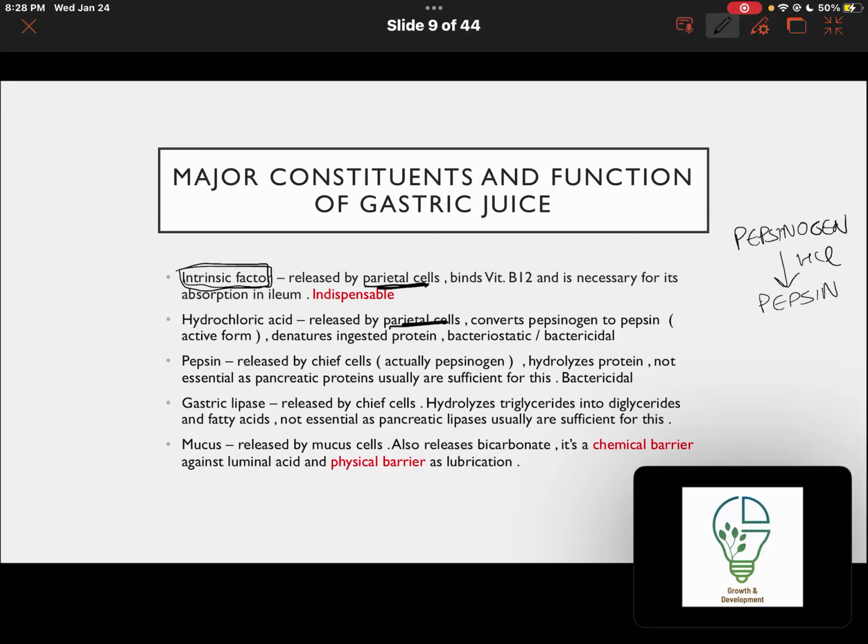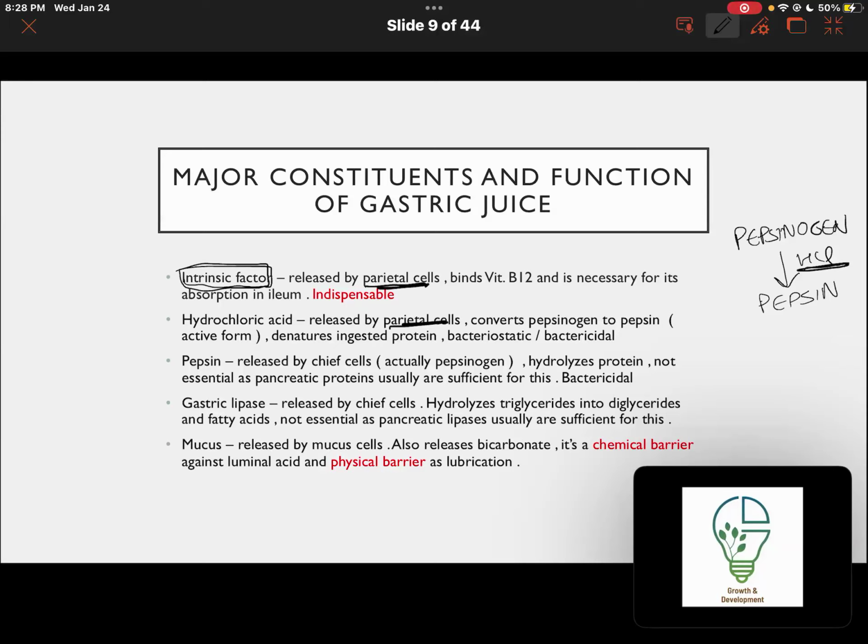When HCl acts on pepsinogen, it cleaves the part that is required for catalytic conversion into pepsin. And once the HCl cleaves that part, the rest of the pepsinogen can automatically convert into pepsin via HCl. So HCl is very important for the conversion of pepsinogen into pepsin.